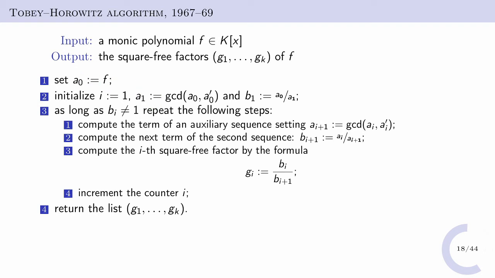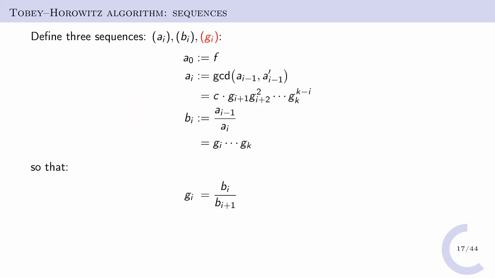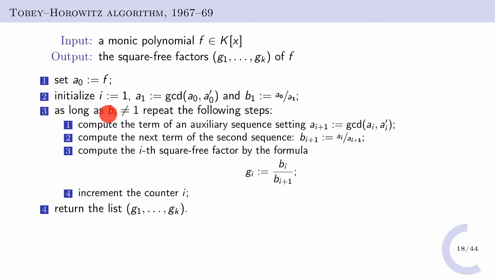We stop when b_i is 1, because b_i being 1 means we do not have any more factors here; we have run out of g_i's. So as long as b_i is not 1, not a unit, we do this. We compute the successive element of the first sequence, the successive element of the second sequence, and we compute the fraction b_i over b_{i+1}.